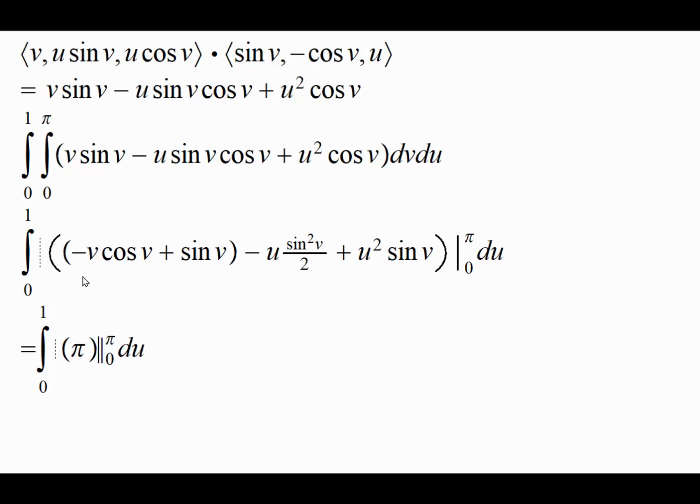All right, and when v is 0, this is 0. Sine of v is 0 anyways. So the whole thing just becomes equal to pi. And then this, of course, is going to finally become simply pi.